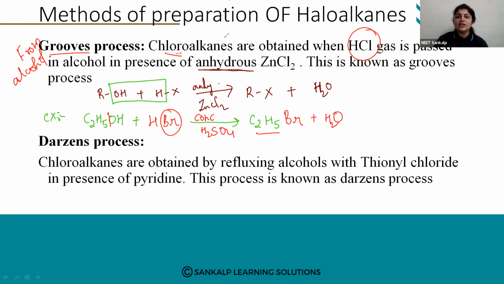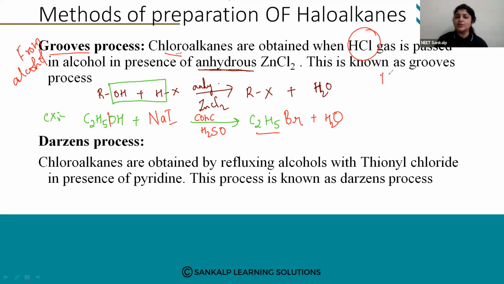Now, if I want to prepare iodoalkanes, iodoalkanes are obtained when you heat your alcohols with NaI, sodium iodide, or it can be potassium iodide.